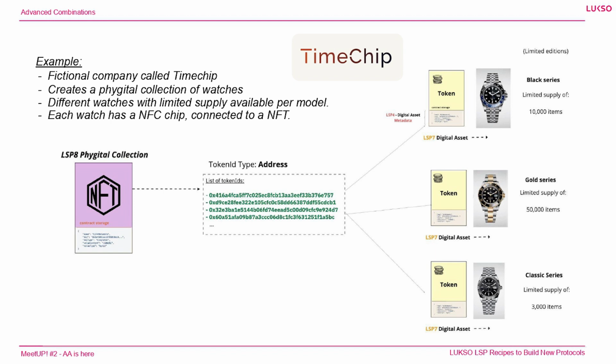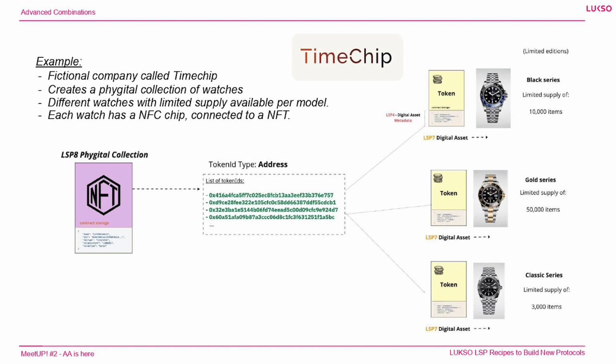Every time the company creates a new series, it's going to create an LSP7 contract that is non-divisible. It's going to limit the supply, so you basically have a limited quantity of each watch. And so you can create series where one series is scarce and one series is more common.